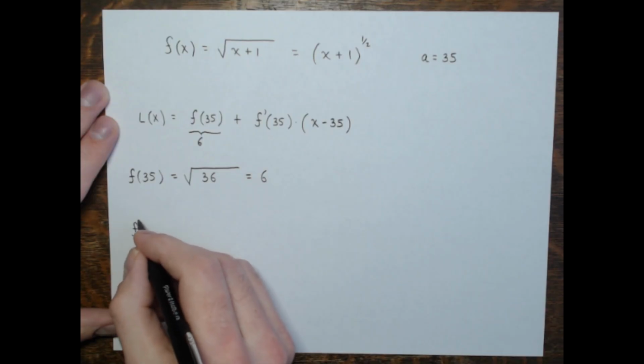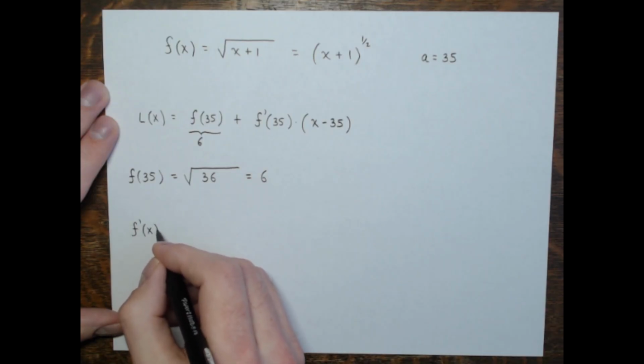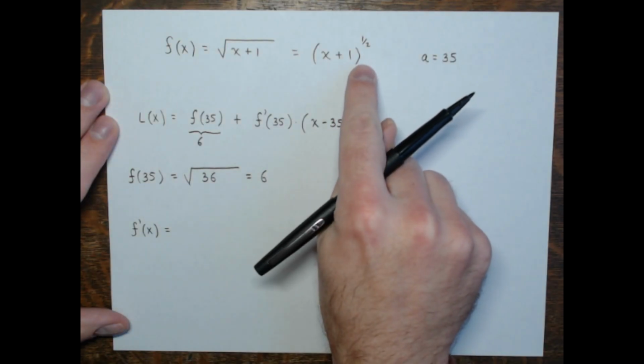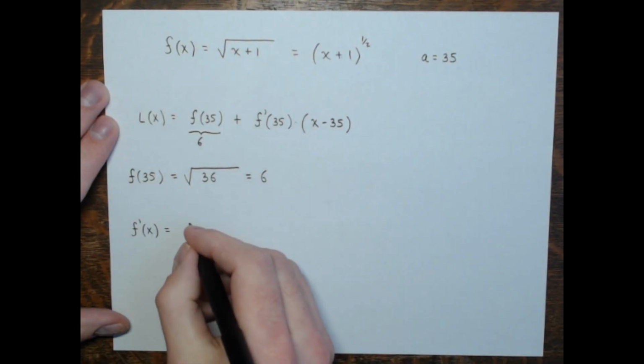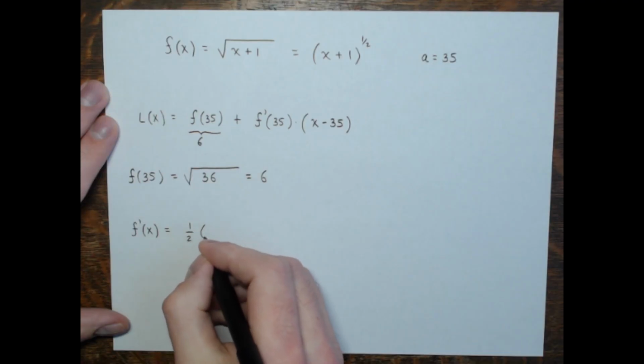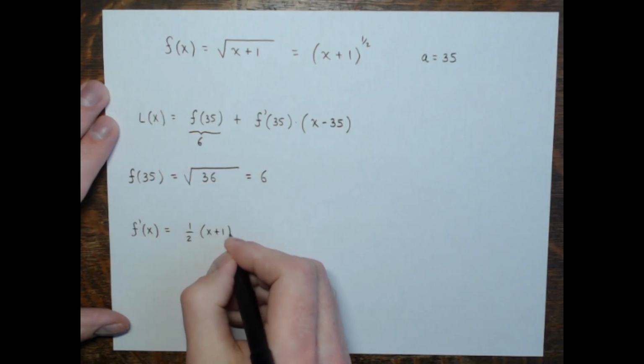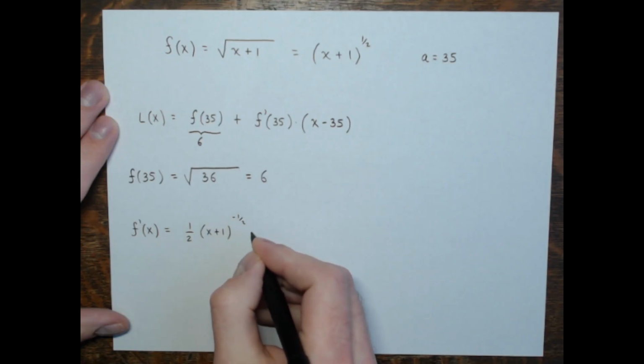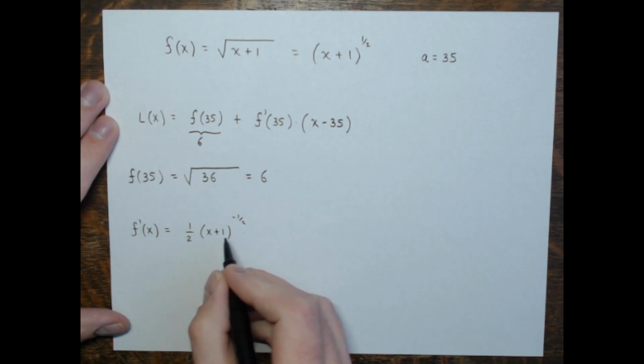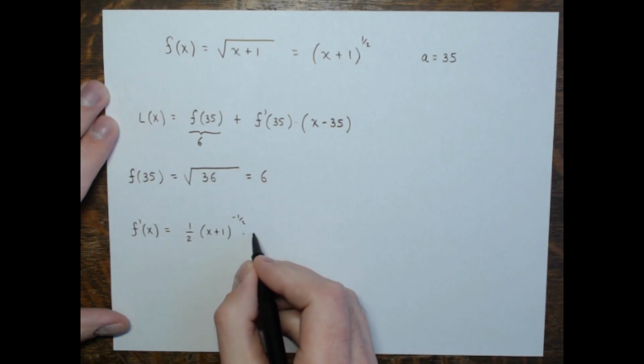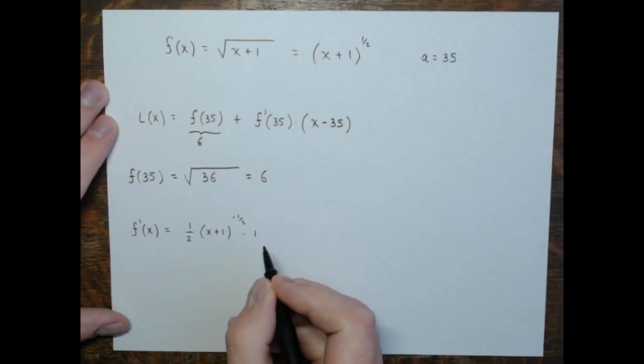And then I find the derivative. Now f prime would be, if I look at it this way, half of x plus 1 to the negative half power, then times the derivative of x plus 1, but the derivative of x plus 1 with respect to x is just 1.